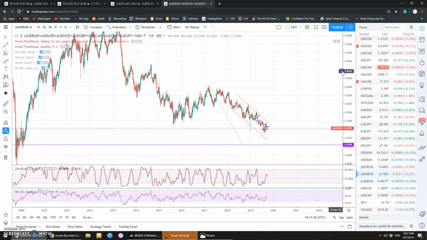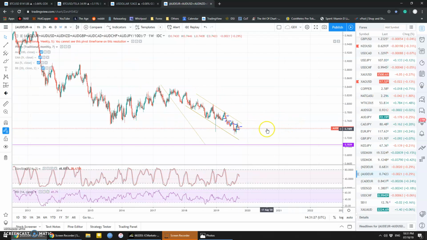I don't see any signs of a bullish breakout. So still bearish on the Aussie dollar. I still like shorting bounces. I wouldn't play this to the upside because that will be counter trend.